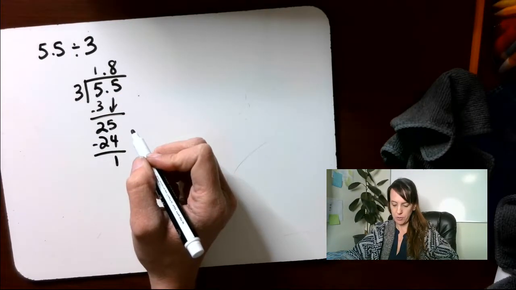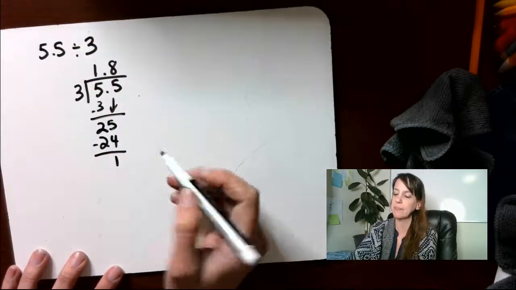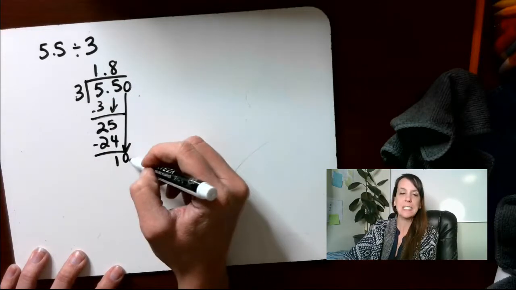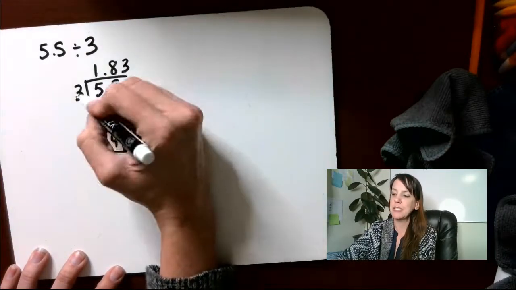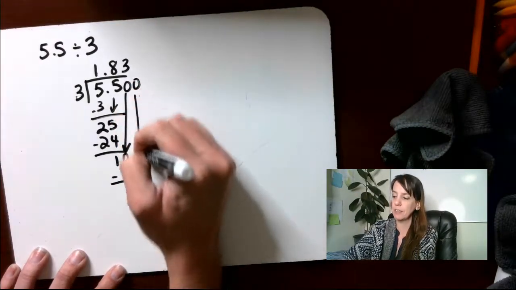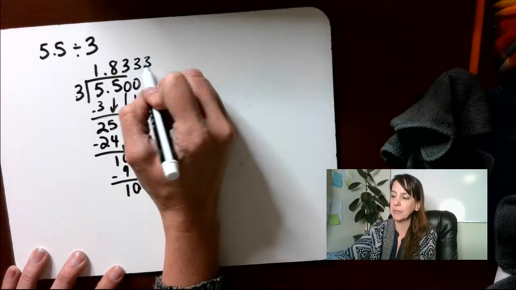Oh, we're rounding to 3 decimal places, so we have to go out 4 decimal places so we can round correctly. So when I subtract, I also bring down a 0. 3 goes into 10 3 times, that is 9, minus, that gives me 1, bring down another 0. 10, 3 goes in. So you can see that 3 is going to be repeating, right?